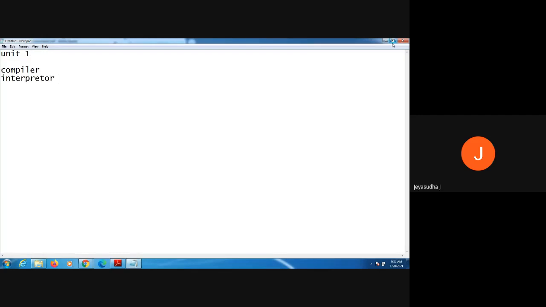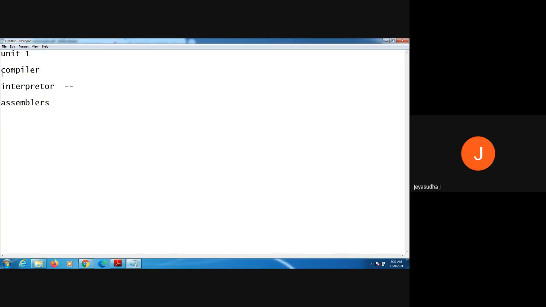Okay, and we have something called assemblers also. Okay, all these things we will be learning. See, interpreter, the general meaning you people know. Interpreter means, for example, in a general case, if I am going to talk in one language and someone doesn't know my language, someone will be helping me to convert it to the other one.